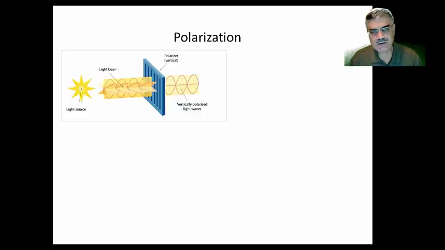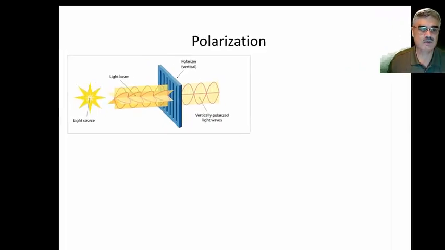Now, another property of light is that it is polarized. This is a fairly complicated topic, and I'll just try to explain those aspects that should be of interest to you. Most light sources produce light that is polarized in all directions. What that means is that the electric vector, the one that's oscillating up and down, is also oscillating at every possible angle and not just in a vertical direction.